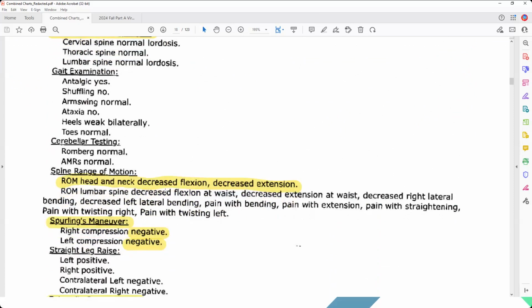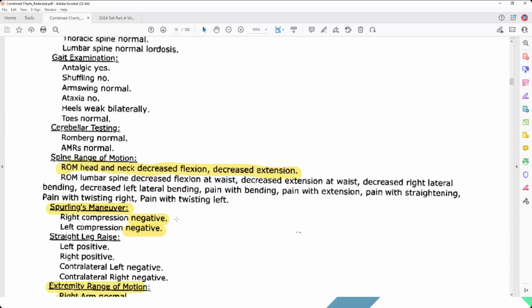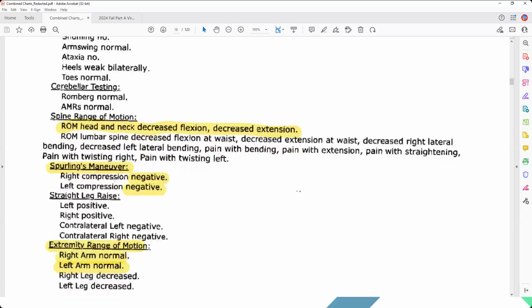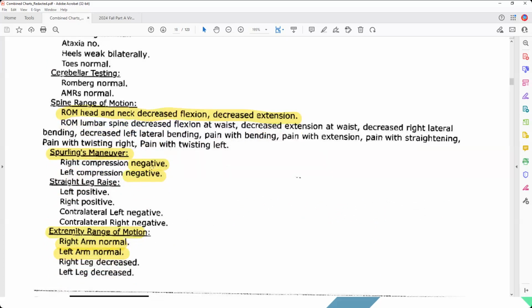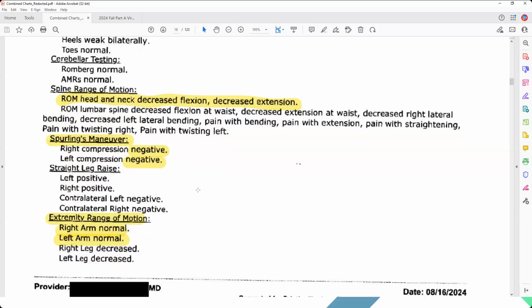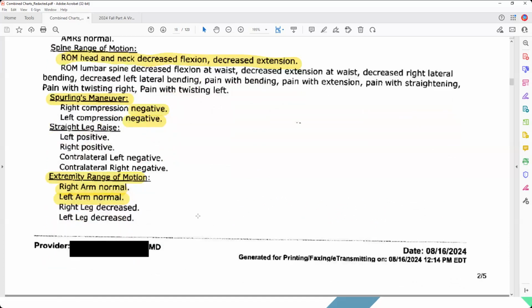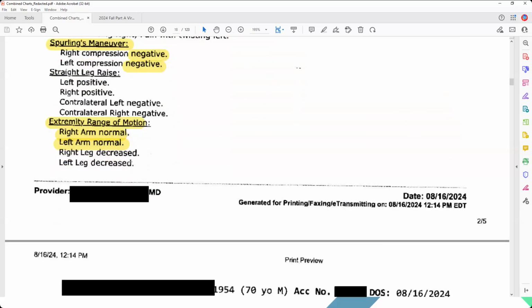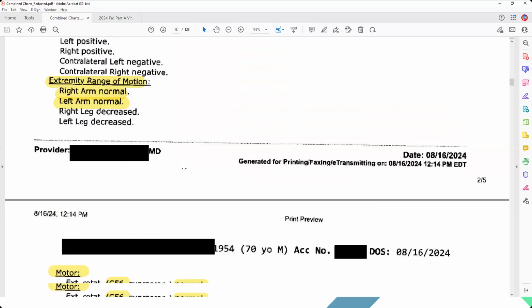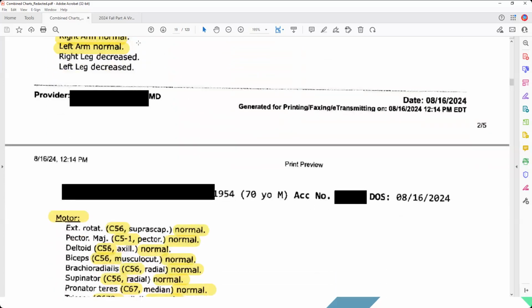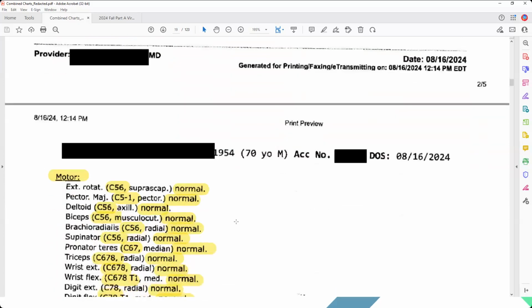Not all of it, but he's got some deficits that they do note. Head and neck, so he's got some decreased flexion and extension. And then Sperling maneuvers are negative for right and left, which is one thing we look at with the cervical spine as well. We've got range of motion in the arms as being normal.